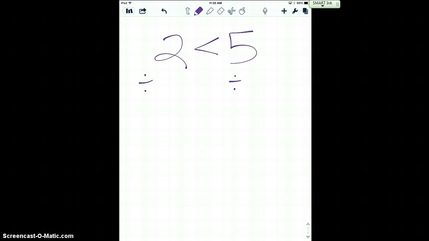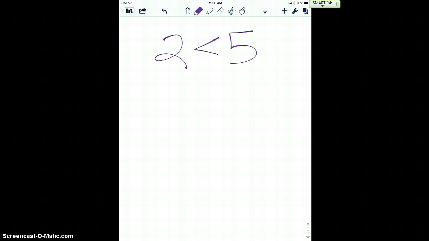Oh great, I chose numbers that aren't going to divide into anything other than 1. Let's just go with 2. Hope for the best. 2 divided by 2 is 1, and 5 divided by 2 is 2.5. Is the inequality still true? Yes! So it works. But now here's the strange part.